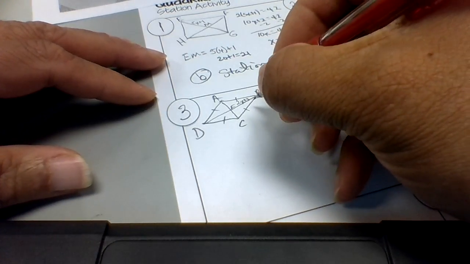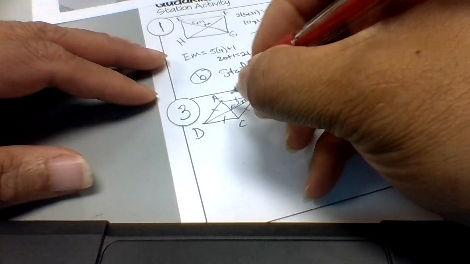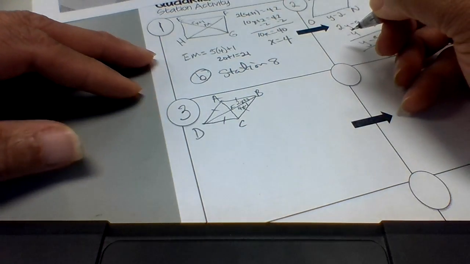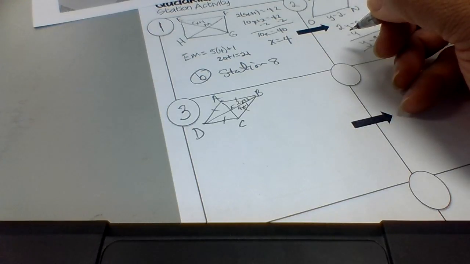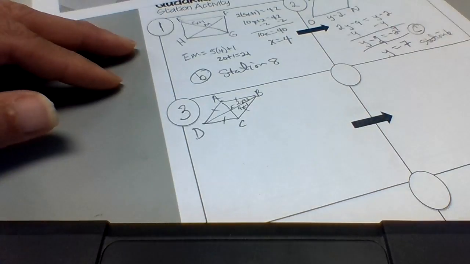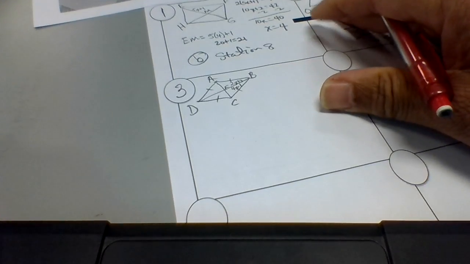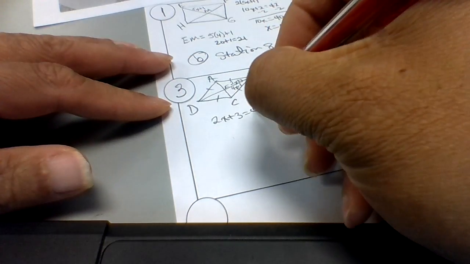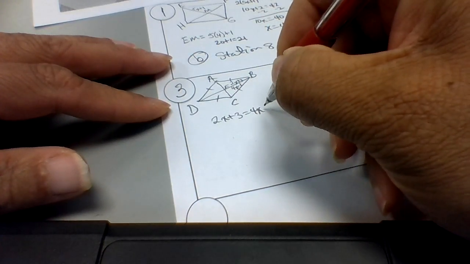And this other angle next to it is 4x minus 1. Okay, so in a rhombus, these two angles are equal to one another, adjacent to one another. So 2x plus 3 equals 4x minus 1.